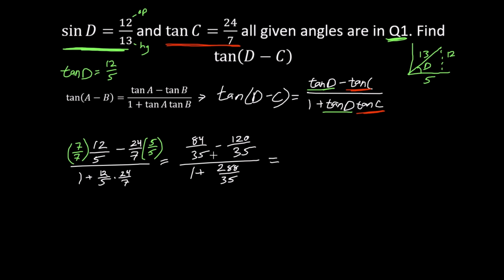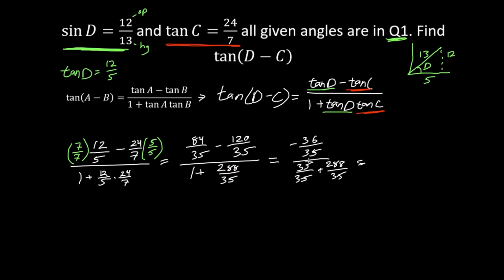So let's go ahead and continue through. The reason we found the common denominator was so that we could subtract those. So 84 minus 120 gives us negative 36 over 35. Down here, we've got to find a common denominator to add these. Well, that's an easy one. 1 would just be 35 over 35 plus 288 over 35.